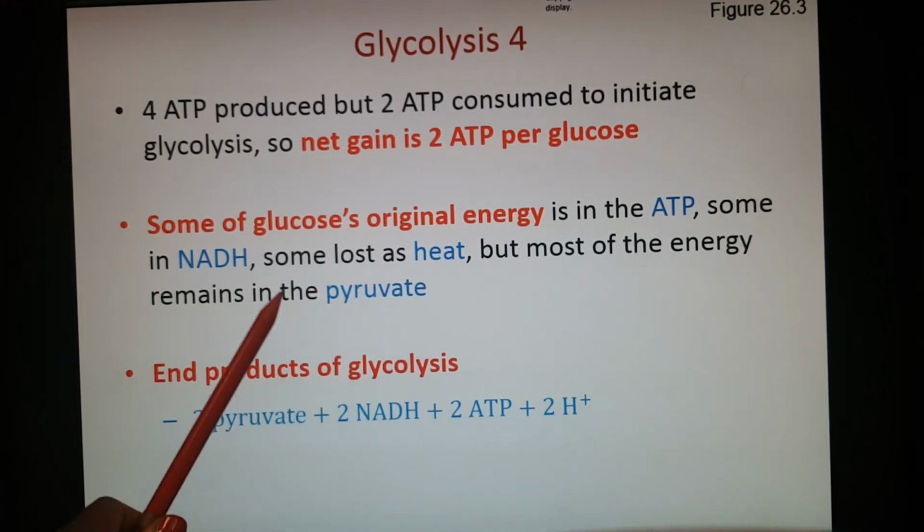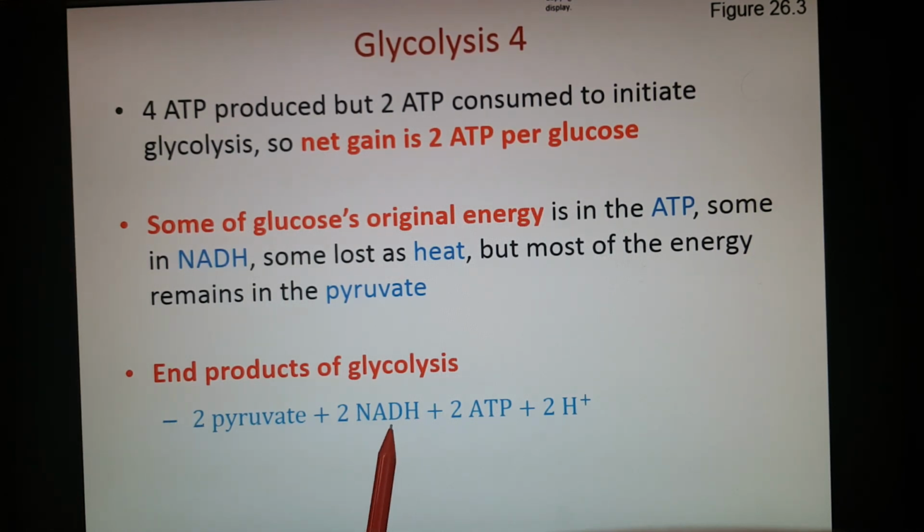Most is still stuck in the pyruvate molecule, so that's why you can continue using that molecule to either go through anaerobic fermentation in low oxygen or aerobic respiration in high oxygen. So the end products of glycolysis are your 2 pyruvate molecules, your 2 NADH coenzymes, and 2 ATP molecules, as well as the 2 hydrogen protons, so the ones that didn't bind to the NADH molecule.